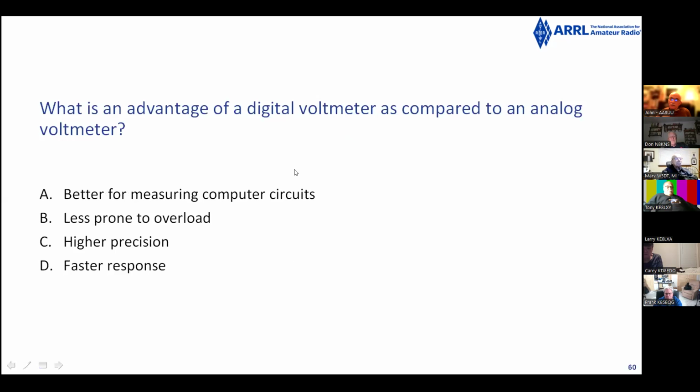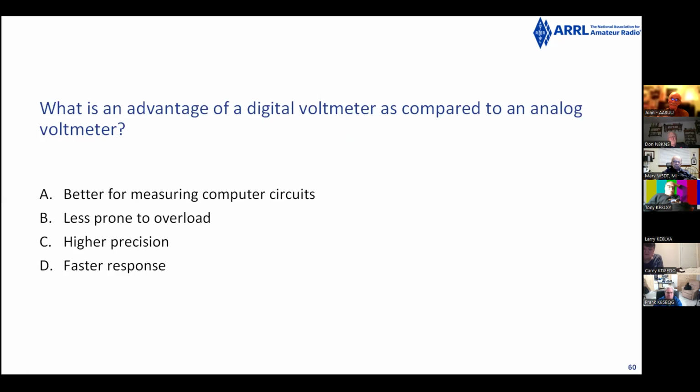What is the advantage of a digital voltmeter as compared to an analog voltmeter? Better for measuring computer circuits, less prone to overload, higher precision, faster response. So a digital voltmeter, like it says, the meter is digital.